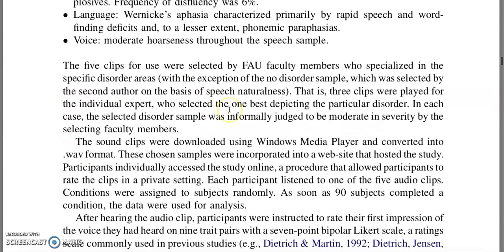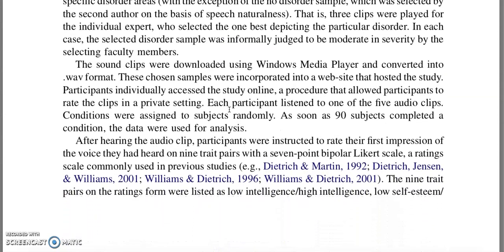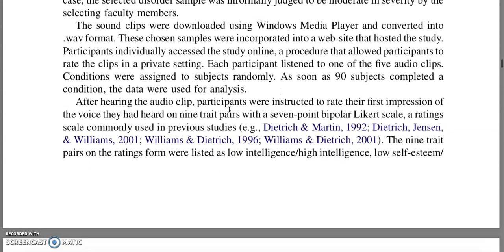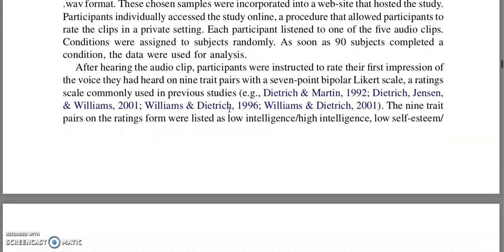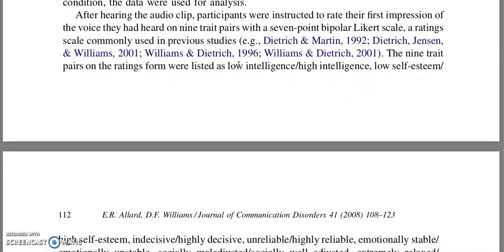They then selected a set number of clips, and then were given to participants one audio clip each. So they did not evaluate every single one. And then they rated their impressions of the voice based on different trait pairs. So that's our survey instrument.